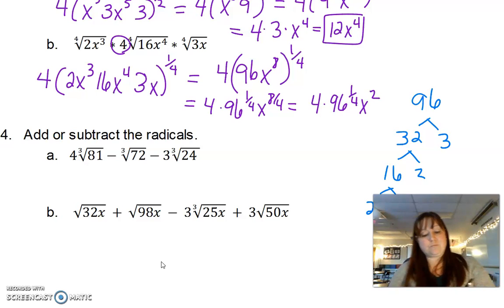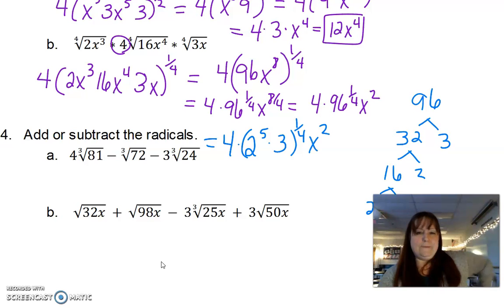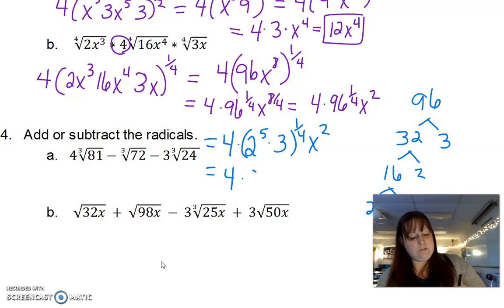So we could rewrite this as 4 times 2 to the 5th times 3 to the 1/4 x squared. There's other ways to write it, but we're just going to do that because it's 2 to the 5th. So that's 4 times 2 to the 5/4, 3 to the 1/4, x squared.